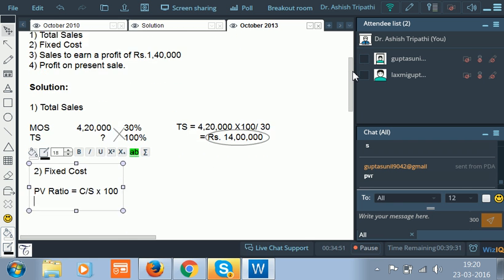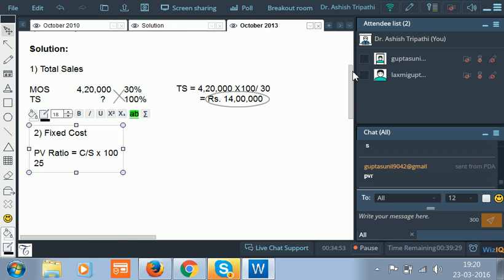PV ratio is how much? PV ratio is 25%. So 25% is equal to contribution.